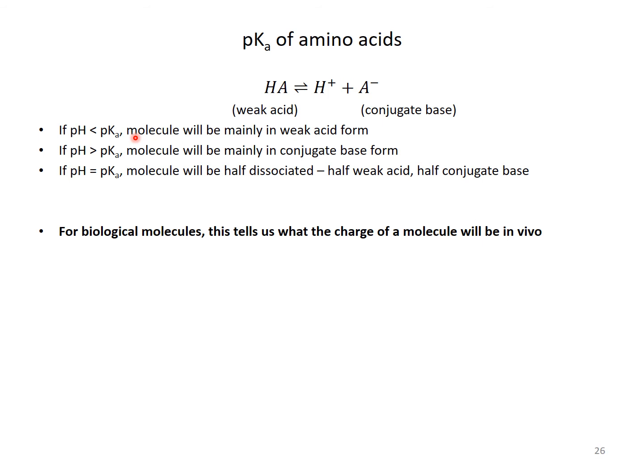Well, the reaction will shift towards the left-hand side so that you will get more weak acid production. Conversely, when the pH is higher than the pKa, the reaction will shift towards the right-hand side so that you get more conjugate base formation. And when pH is equal to pKa, half of the molecules will be weak acid while the other half will be in the form of conjugate base.